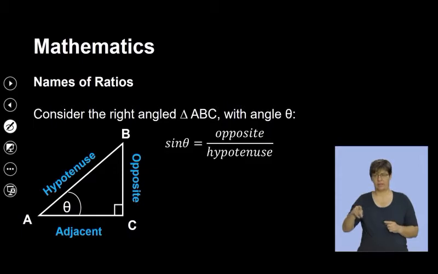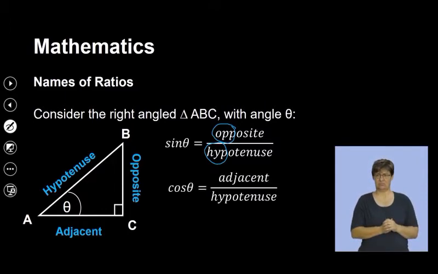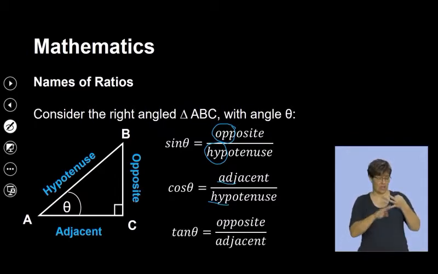Remember I said at times we can write OPP and HYP instead of the whole word. Because remember, we are very smart people as mathematicians. So we normally shorten these things for our advantage. Also, the cos ratio, we can always write it as ADJ or adjacent over the HYP as well to mean hypotenuse side, and then the last ratio will then be the tan theta, which is equals to opposite over adjacent.